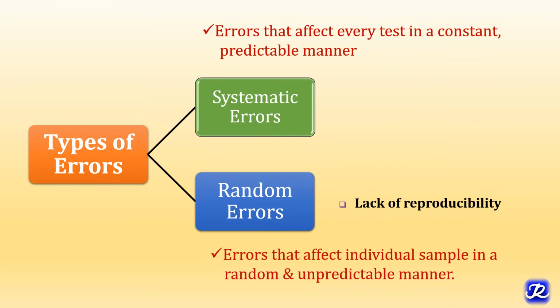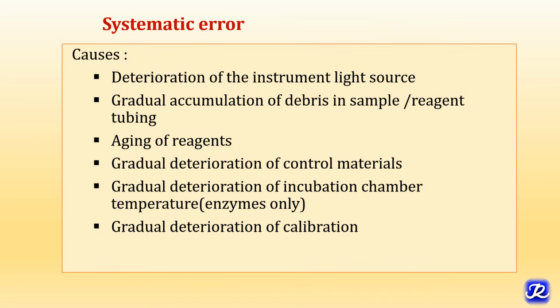Now let's talk about types of errors. There are two types of errors: systematic errors and random errors. Systematic errors affect every test in a constant, predictable manner. Random errors are due to lack of reproducibility, and these are errors that affect individual samples in a random and unpredictable manner. What are the causes of systematic errors?